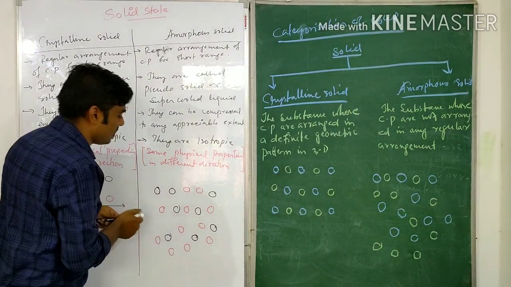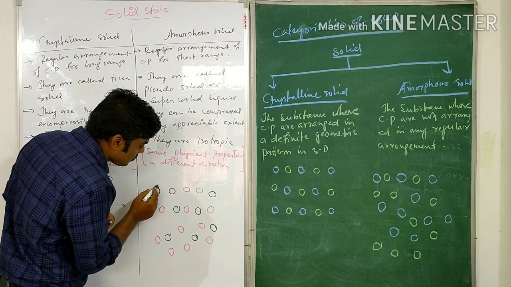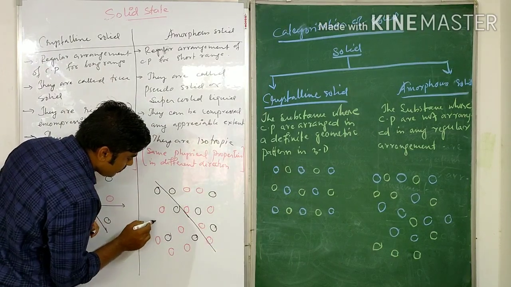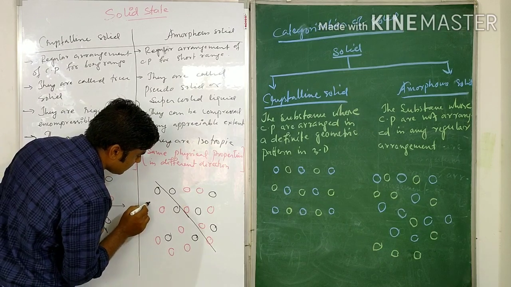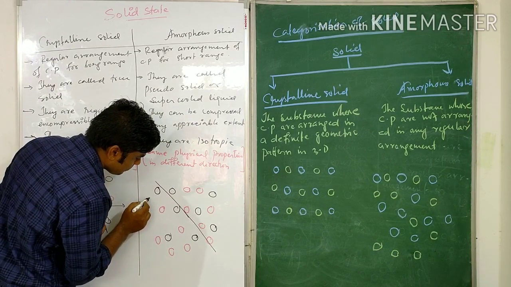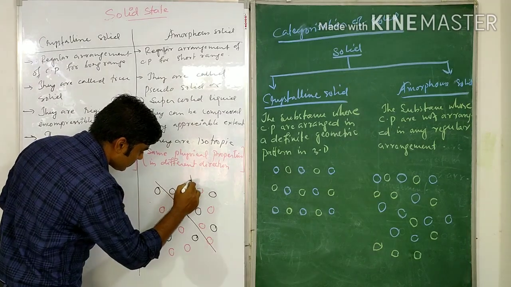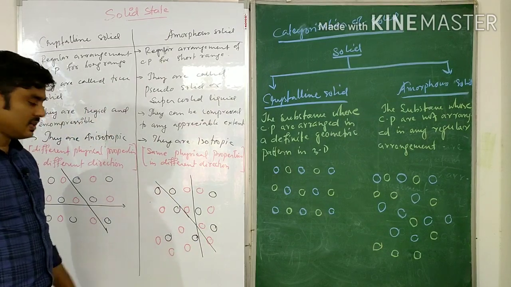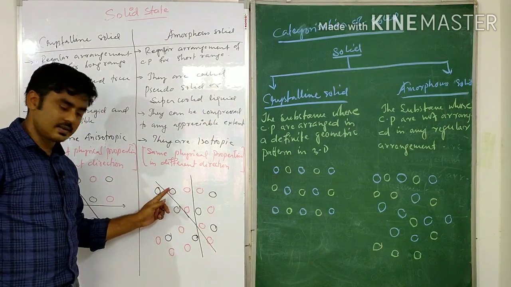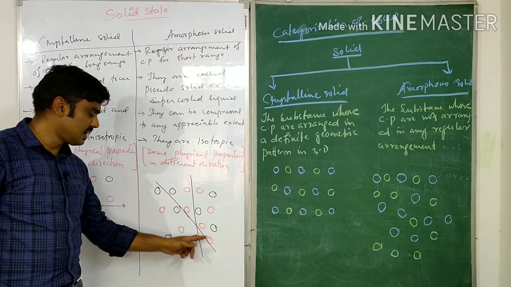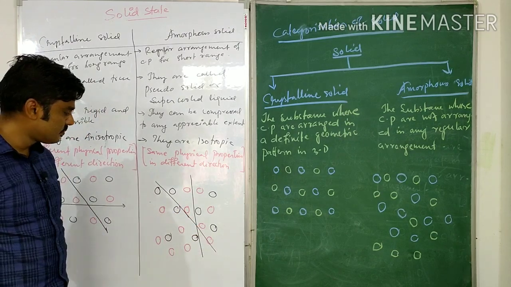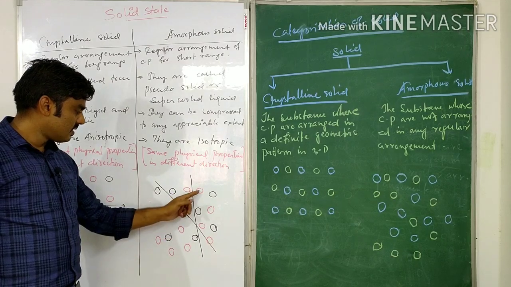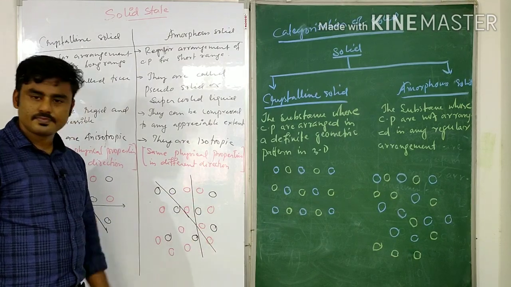Whatever direction you choose, say I choose this direction, and another way I choose this direction. In this direction you have black, red, again. In another direction you have red, black, red.